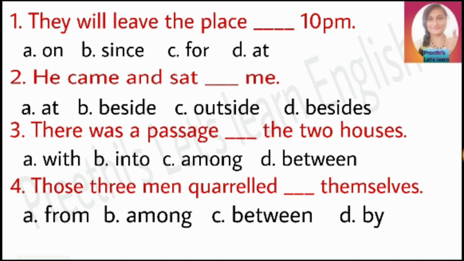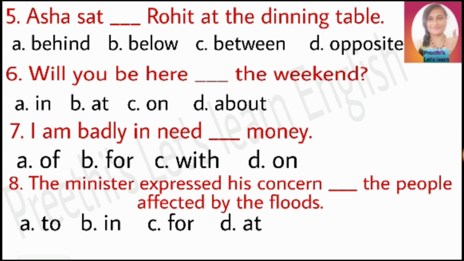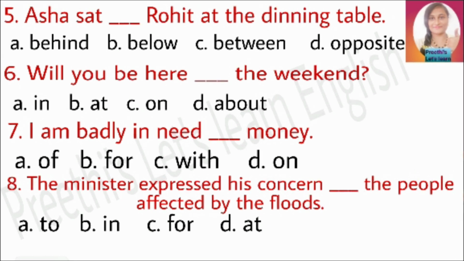Next, Asha sat blank Rohit at the dining table. And the options are behind, below, between, opposite. Option A, behind, means back to the person. So in the dining table we have to sit around the table. So option A is wrong. Below means down to the dining table.